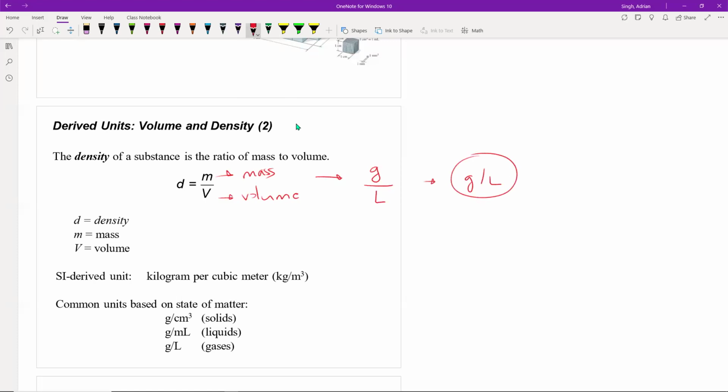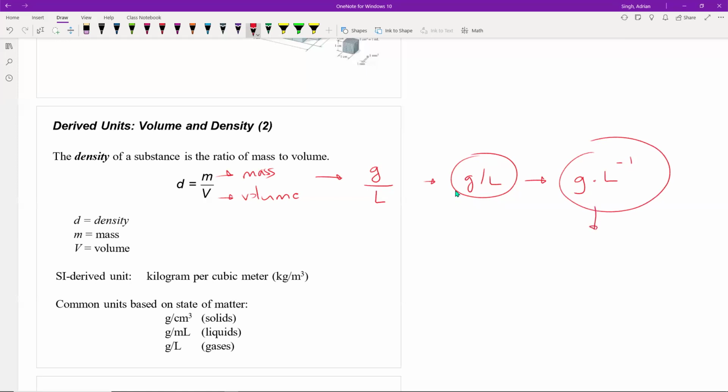A thing to note about this specific example, but you'll see other examples like these. Sometimes you'll see units like these being represented this way. So you have grams times liters to the -1, right? Remember, we saw this notation before. Liter to the -1 is 1 over liter.